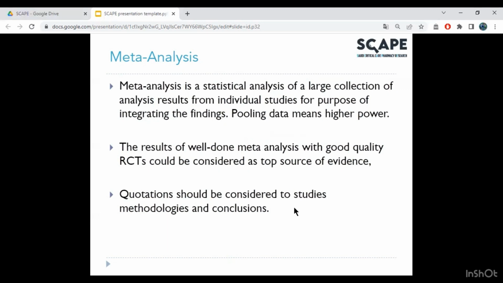From all of them, you will get a larger sample size and a more accurate estimate, which we call pooled estimates. The results of a well-done meta-analysis with good quality RCTs could be considered the top source of evidence. But remember, meta-analysis is optional and additive to the systematic review, and it is not necessary if the data are not available.